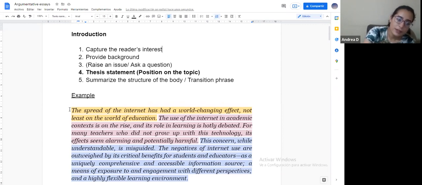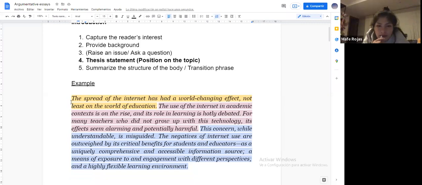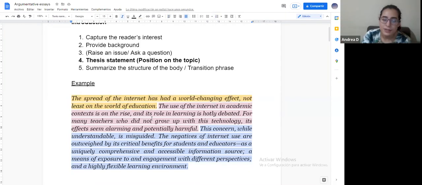So in the first sentence, for example, in this introduction, it's about the use of the internet in the academic world. It says, the spread of the internet has had a world-changing effect, not least on the world of education. As you can see in this sentence, the author is basically telling you why the essay is important. So it's kind of exaggerating. It has had a world-changing effect.